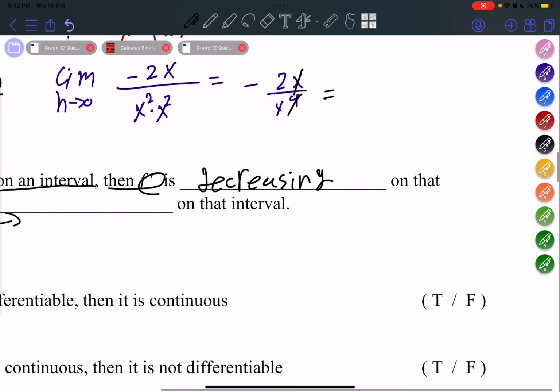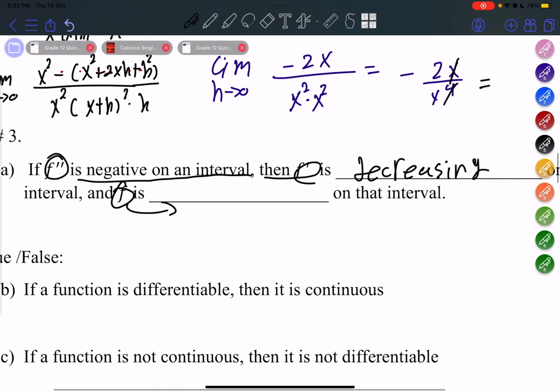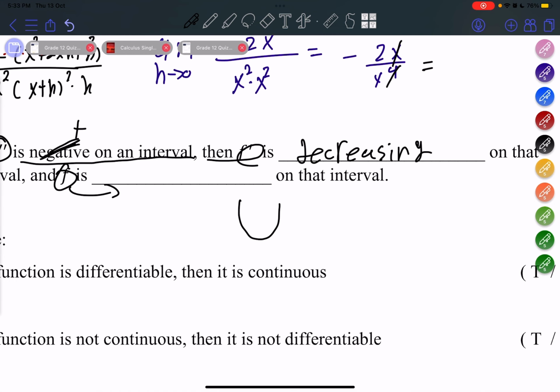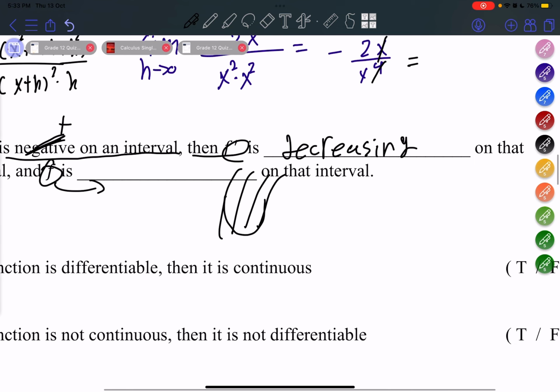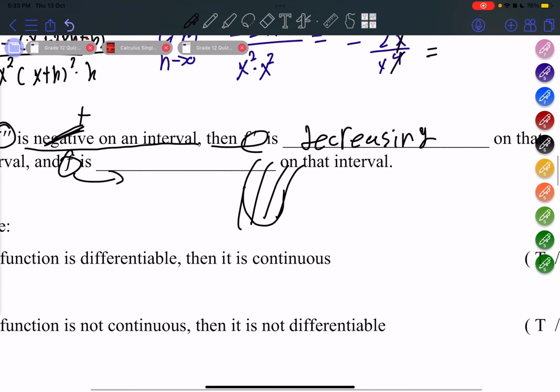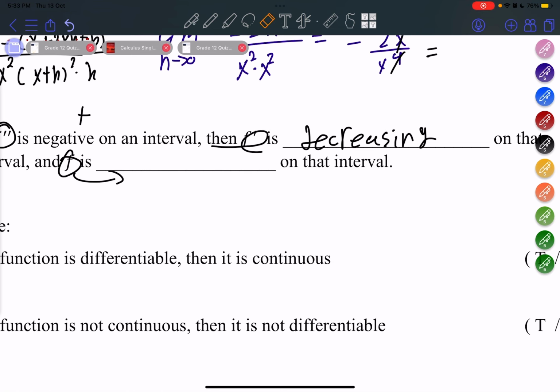So why concaving down? If the double derivative is on a positive interval, then it will be concaving up. You see, positive values. But if it was the double derivative on the negative intervals, then it will be concaving down, we see. Okay, so yeah, it will be concave down.